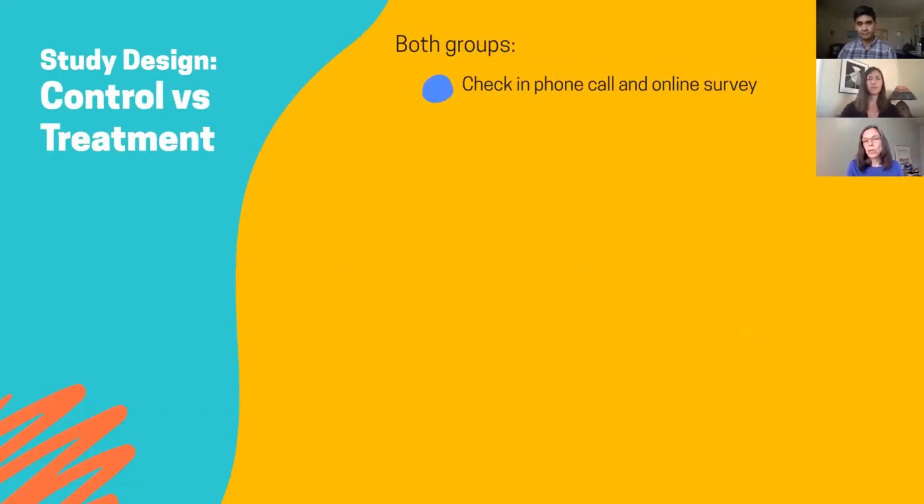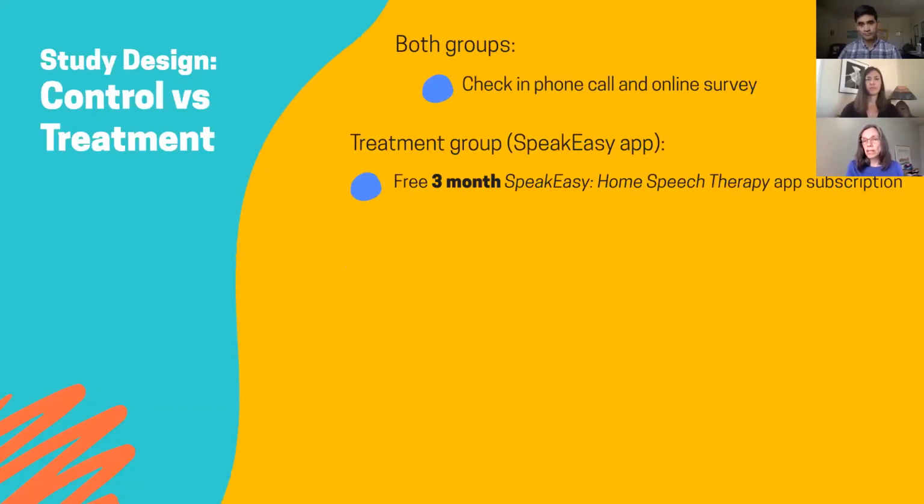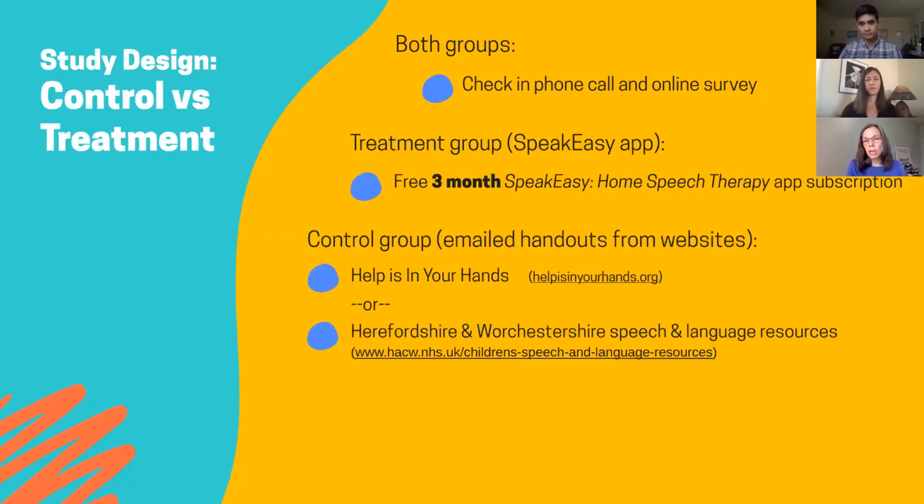Both groups were called and did an online survey at each point of the study. So at the beginning, at the end of their 3-month period, and then at the end of a follow-up piece. The treatment group was given 3-month access to SpeakEasy, and the control group were given handouts from websites such as Help Is In Your Hands or from the Herefordshire and Worcestershire Speech and Language Resources website.